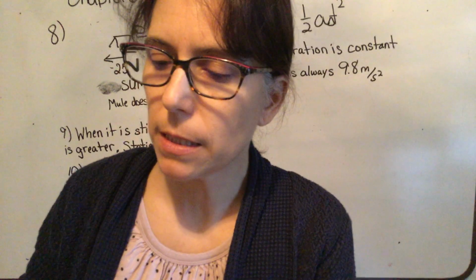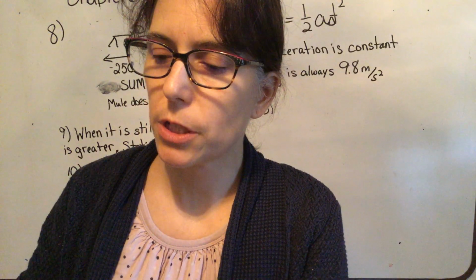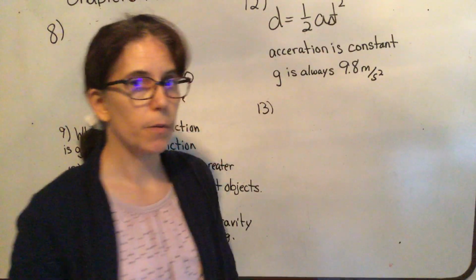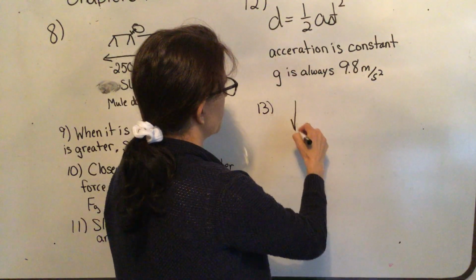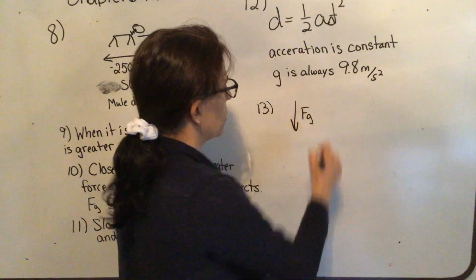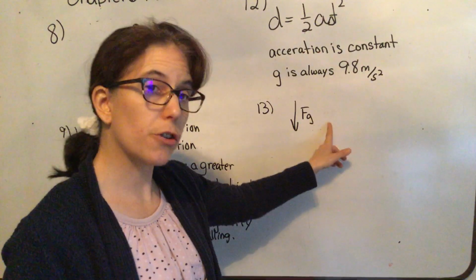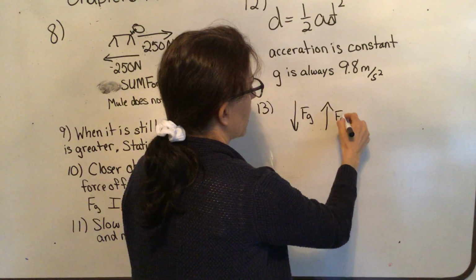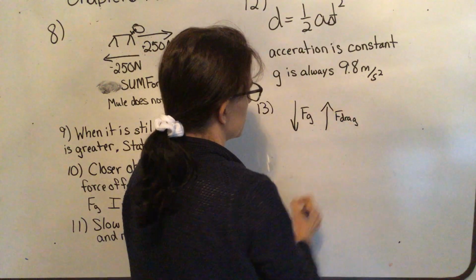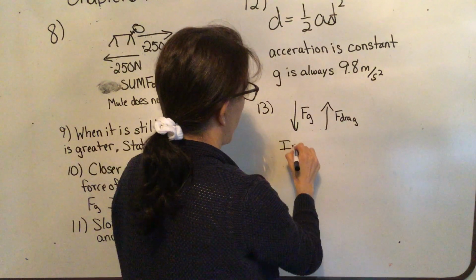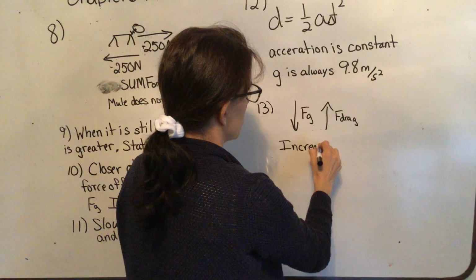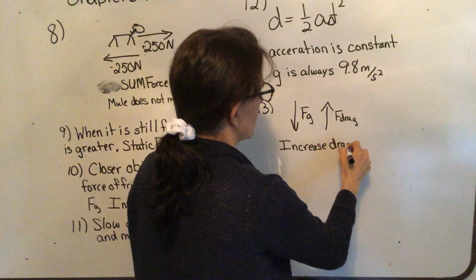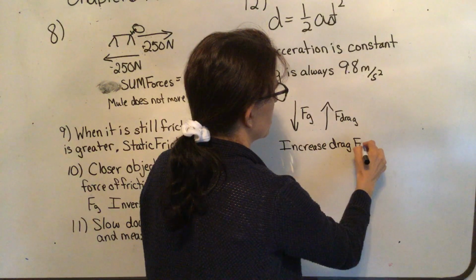Number 13, explain the main function of a parachute from a physics point of view. So we have gravity, the force of gravity, going down. What do we want to increase? Well, we want to increase the force of drag. I'm just going to call it the drag force.